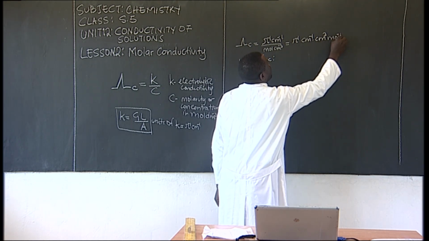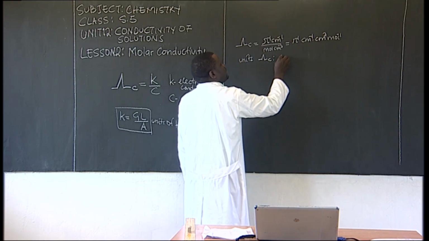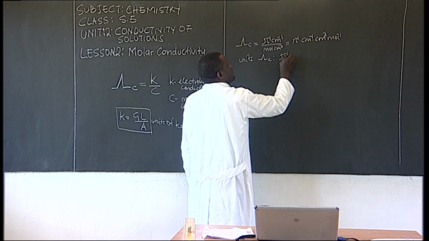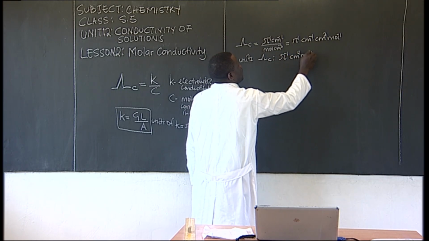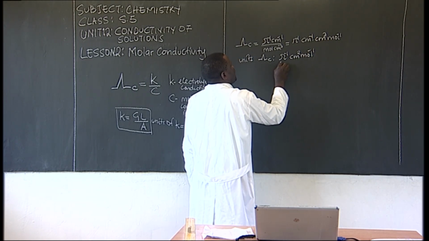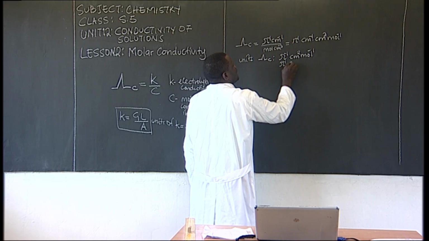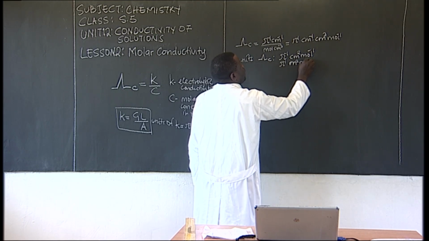So we say -1 plus 3, and we shall have per ohm, centimeter squared per mole. We can say per ohm, meter squared per mole.